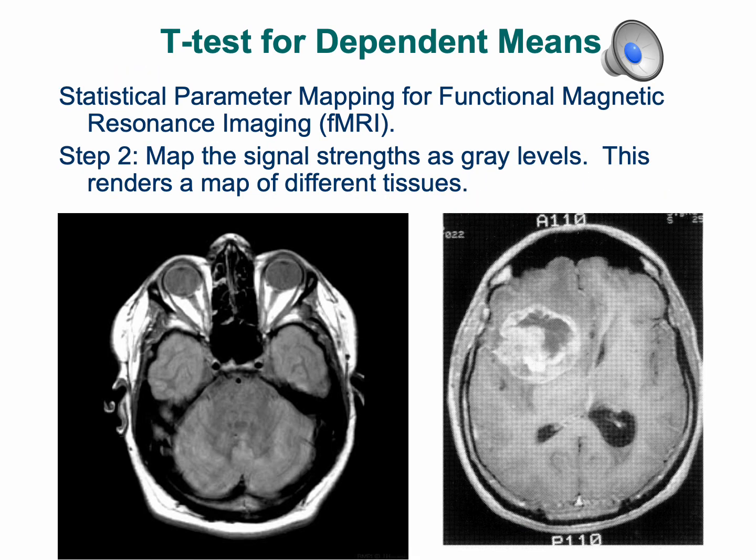When we make a map of those signals in three-dimensional space, we end up with slices through that space that look like this. So when we map the signal strength as gray levels, it gives this map, and this map looks like a photograph. It looks like an image taken through the brain of the tissue that's actually there. Now in the figure on the left, you can see eyeballs at the top there, the person's nasal passages.